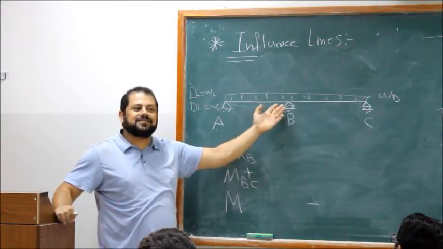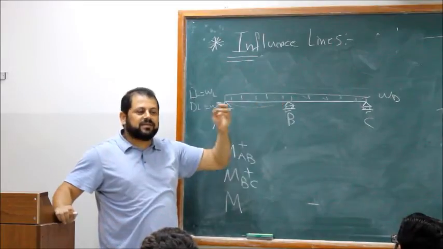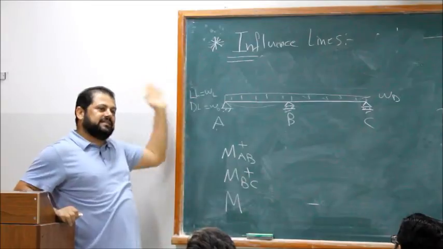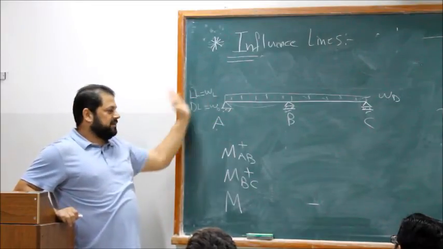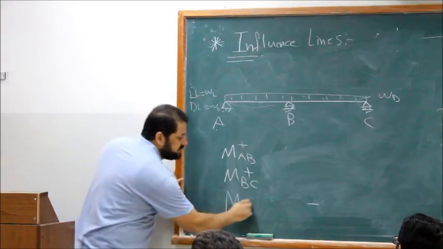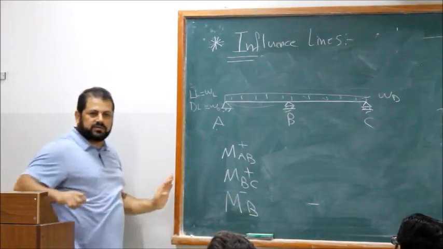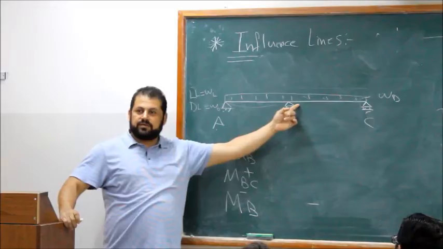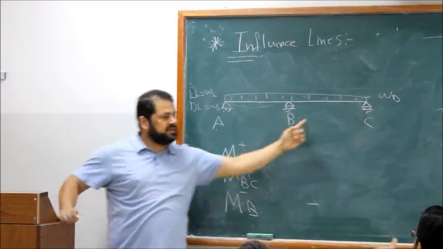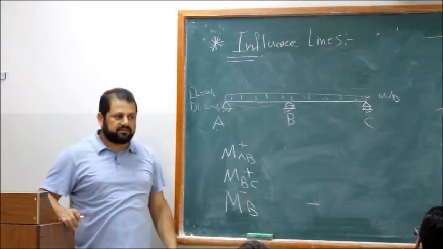MB, there is a moment at B. The moment is 0 when you have an end pin or roller at the end. There is a moment here. What is it? It's a negative moment at the support. So he needs from you MAB, MBC, and MB negative.